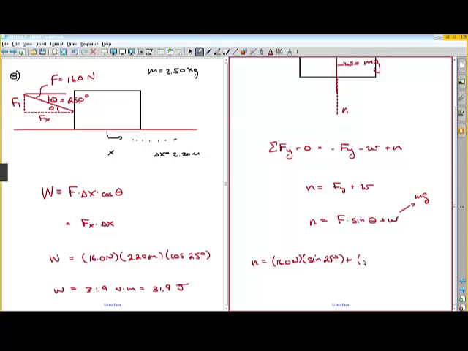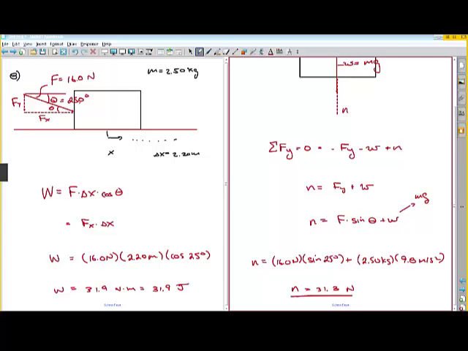So the mass is 2.5 kilograms times the acceleration due to gravity, which is positive 9.8 meters per second squared. So 16 times the sine of 25 plus 2.5 times 9.8 is 31.3 newtons. Is that right? Yeah, it's force, so it's newtons. So that's the normal force.